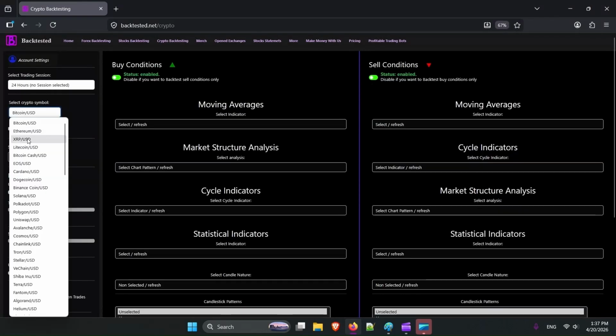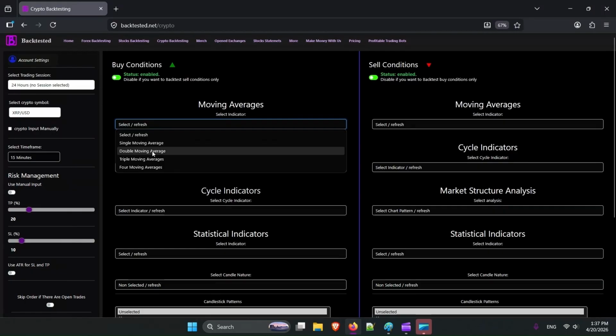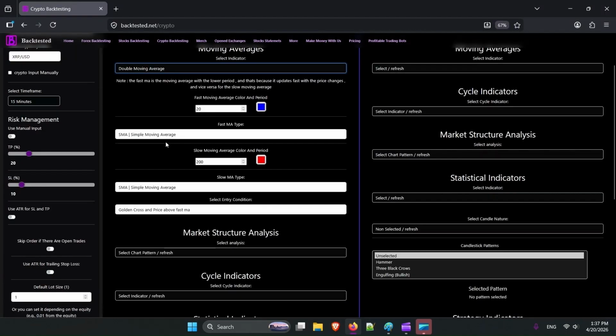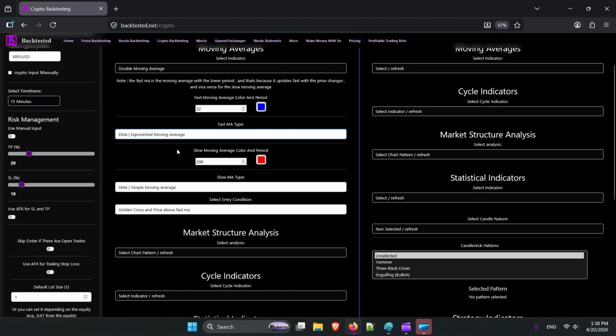Let's select XRP. And then we come to our conditions. So we will select double moving averages. It's 22, so we set the fast moving average to 22. And since we are using an exponential moving average, we will select exponential moving average.